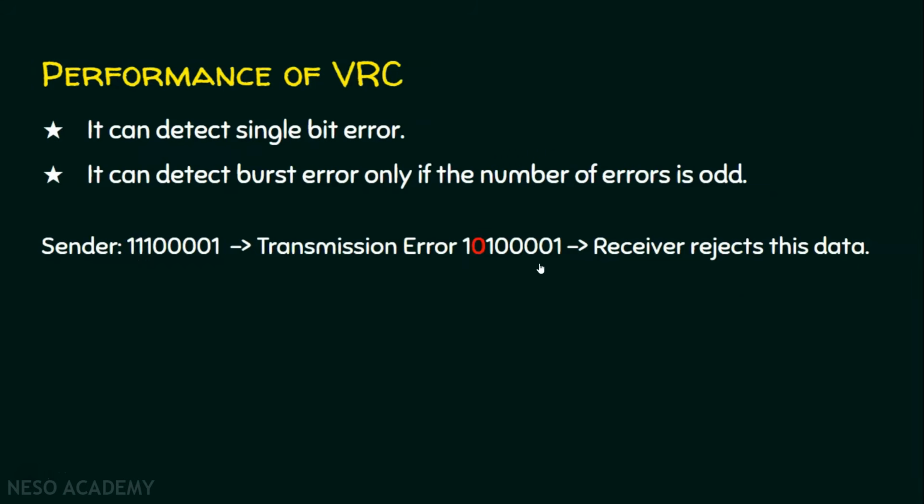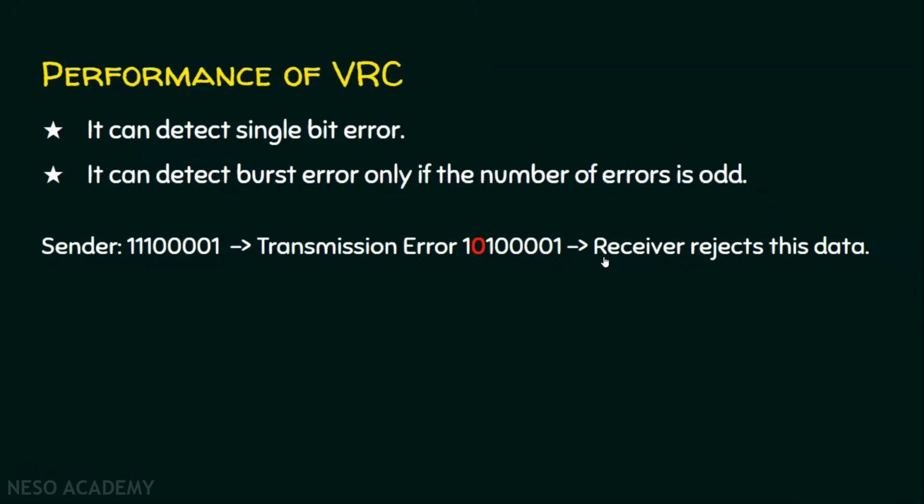Now the receiver receives this and checks whether there are an even number of ones in the message it has received. In this case, 1, 2, 3. There are only 3 ones. It means it receives an odd number of ones. So the receiver rejects this message because it accepts only an even number of ones. It understands that there is a single bit error and it rejects this data.